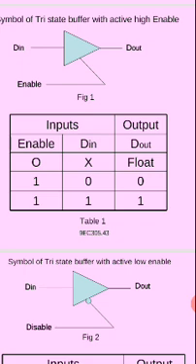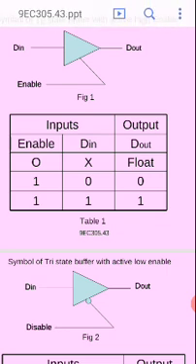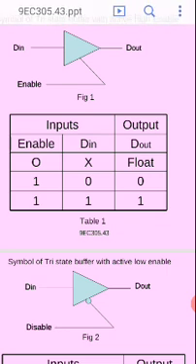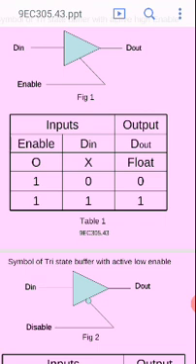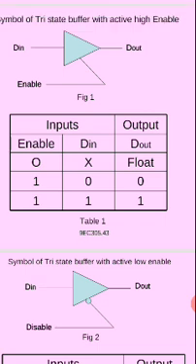Here, for active low enable, disable should be 0. Same as the above symbol, it has D in and D output, but the difference is in enable and disable input.